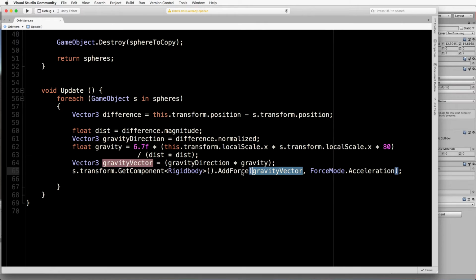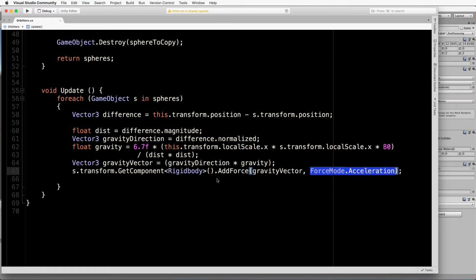Now, this add force method is using the setting of force mode acceleration. The reason being is that most of all of this simulation we're doing with our own mathematics. We're not using Unity's physics system's natural mathematics.